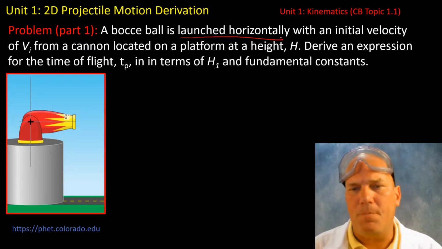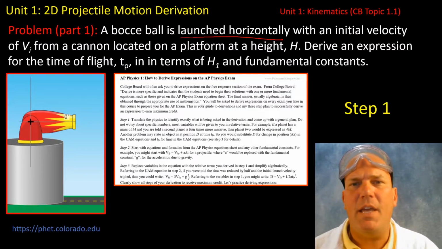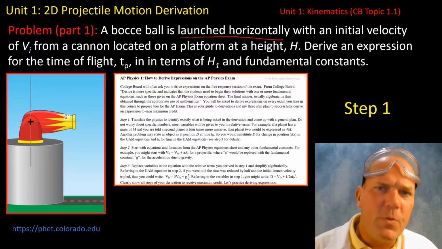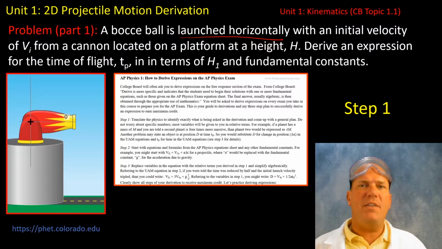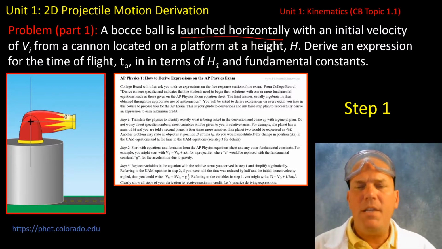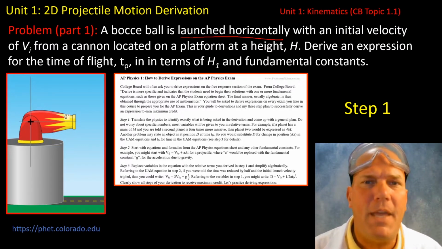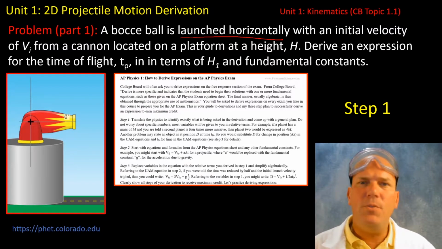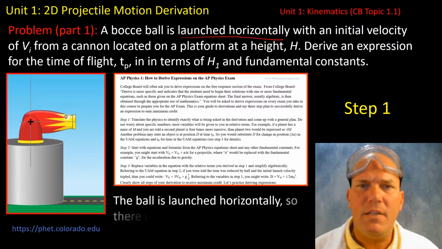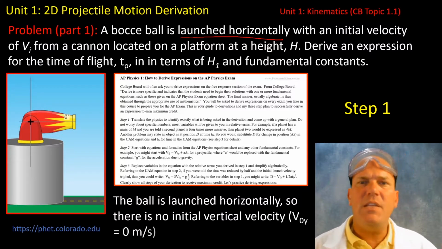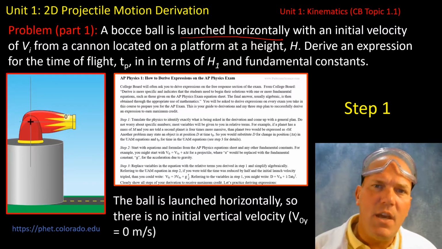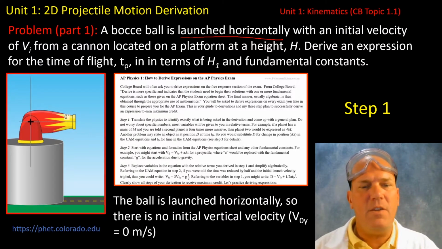That's very important. Let's go ahead and look at step 1 in my 3-step plan for deriving expressions. Step 1 is basically coming up with a plan for the problem. We treat these just as we would any other type of physics problem, except we're not putting in numbers. We're putting in these variables.